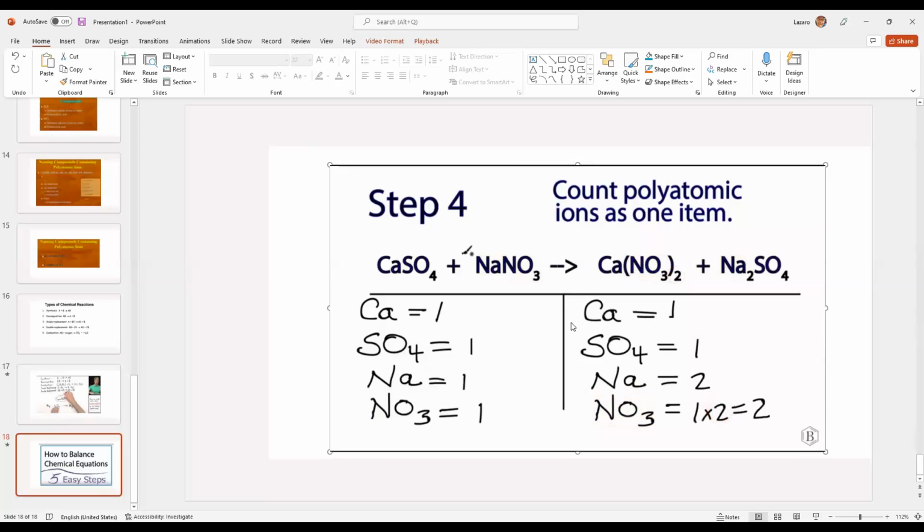So if I put the coefficient of 2 right here, that means I'll have 1 times 2, 2 Na, but this 2 also multiplies across. So 1 times 2 for the NO3s, that gives me 2. And now everything is balanced. So by treating those polyatomic ions as just one thing, it makes it a pretty simple equation to balance.